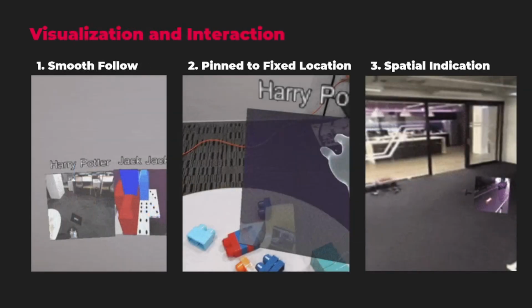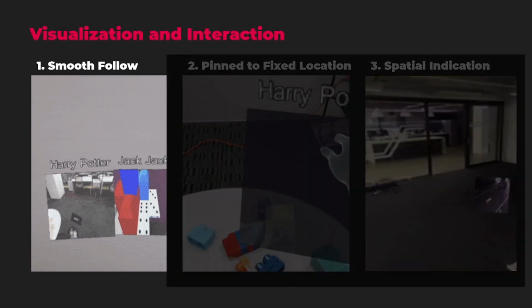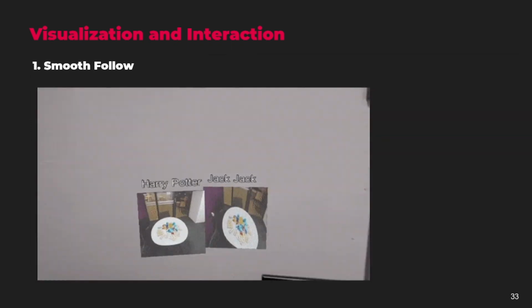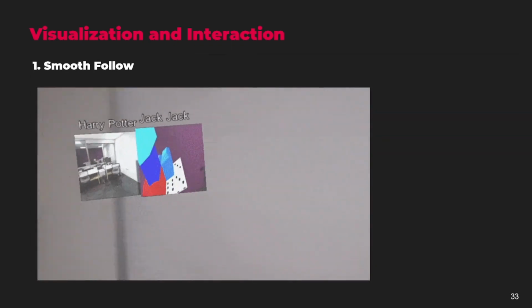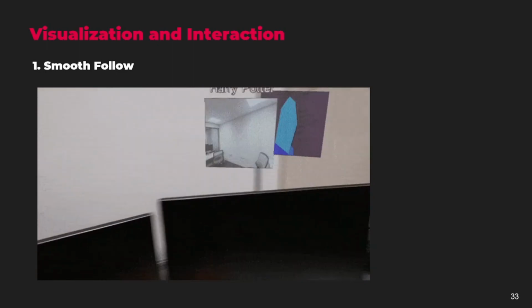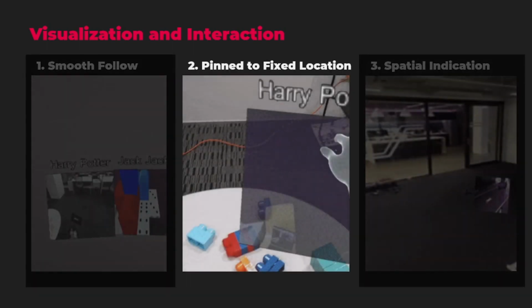In Vicarious, the user's viewpoint is displayed as a picture-in-picture window. So I added a few interactions to make it easier for users to navigate, such as 1. Smooth follow, 2.